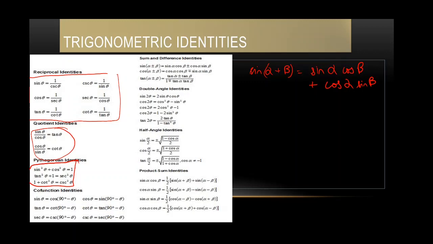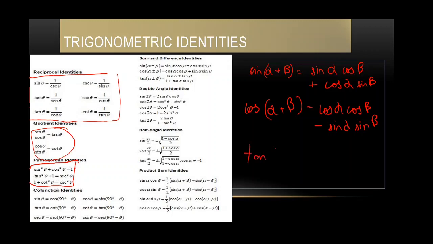So as you can see here, in the case of cos, cos of alpha plus beta is equal to cos of alpha cos of beta minus sine of alpha sine of beta. For tangent also there is one.